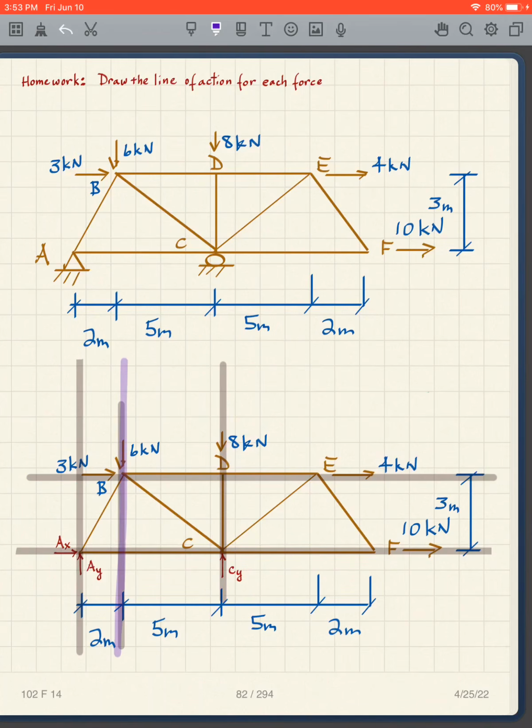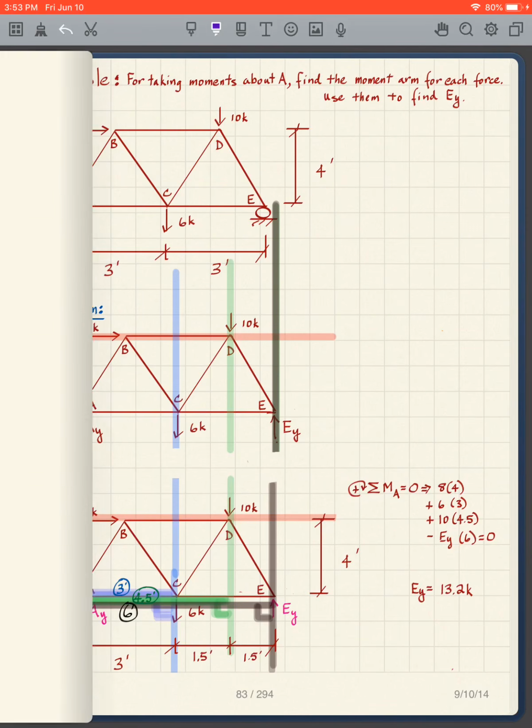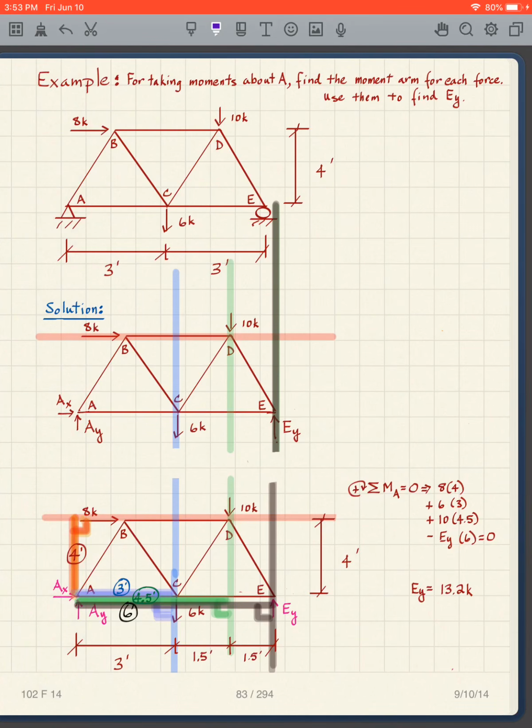You have to draw them long because we have to get the perpendicular distance, and it depends on what point we're taking moments about to get the perpendicular distance. So draw those long. Okay, so we're going to take moments about A, and we're going to find the moment arm for each force.